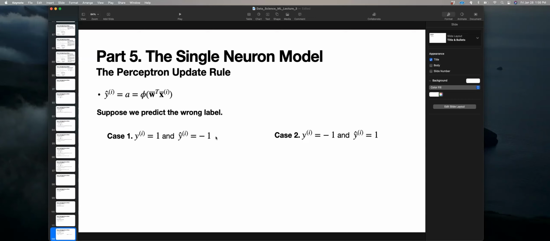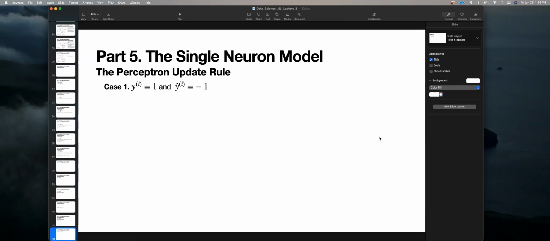Case two, the label for the feature vector xi is -1, but our neuron spits out a +1. So these are the two possible cases for making an incorrect choice, right? So let's focus in on case one. The true label is 1, the neuron label is a -1.